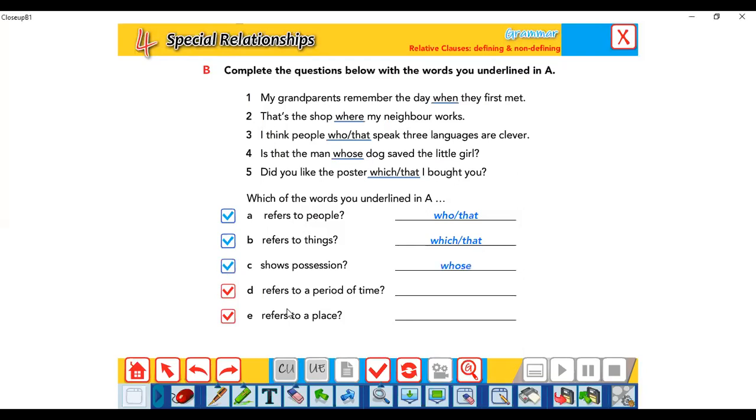Okay, D, which one refers to a period of time? Rudaina Khalid? When. Thank you, Rudaina. Muhammad, F. Which one refers to a place? Where. Thank you. So we use who or that to refer to people, which and that refer to things, whose shows possession, when refers to a period of time, and where refers to a place.